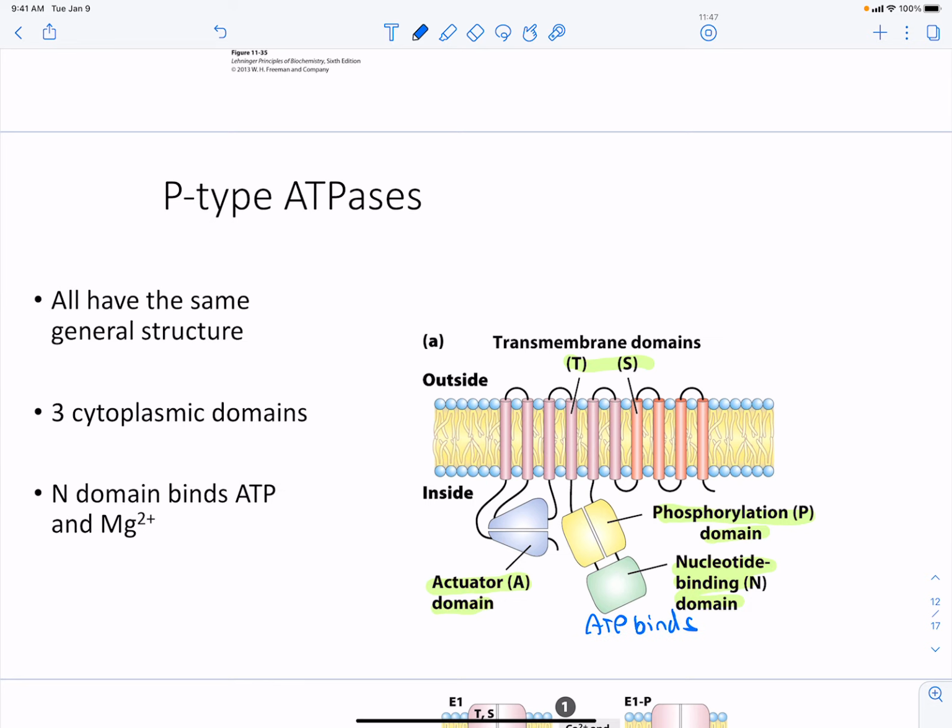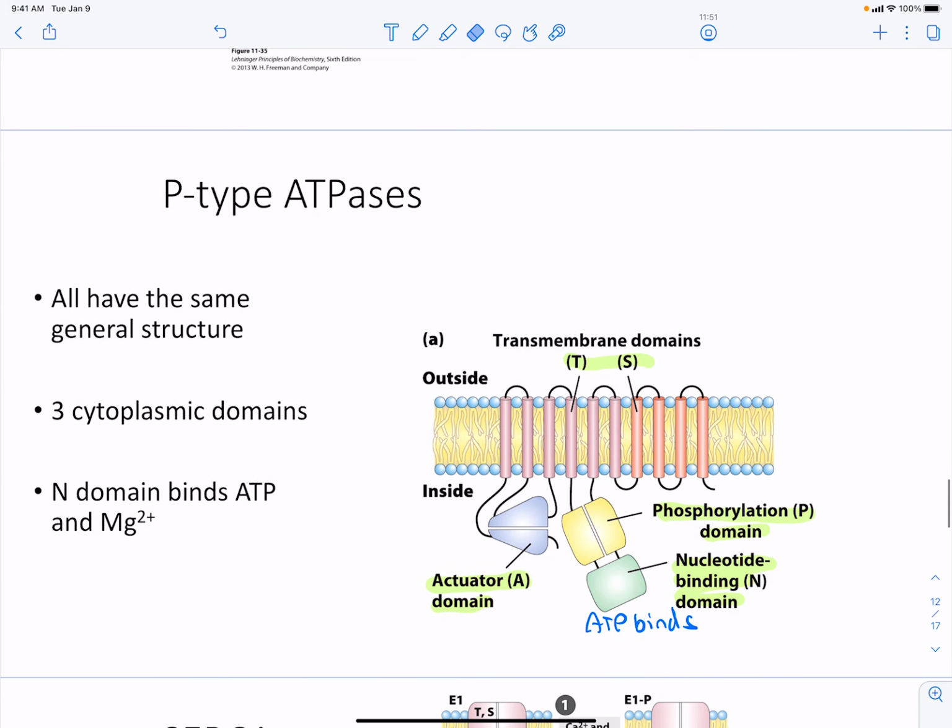On all of these P-type ATPases, the N domain is the one that has protein kinase activity, and it's going to phosphorylate the aspartic acid residue.